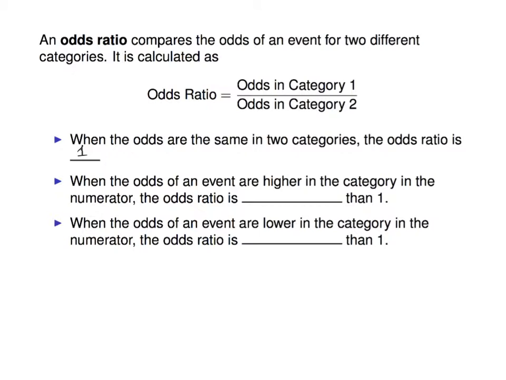When the odds of an event are higher in the category in the numerator, the odds ratio is going to be greater than 1. Yep. And if the odds of an event are lower in the category in the numerator, then the odds ratio is going to be less than 1.